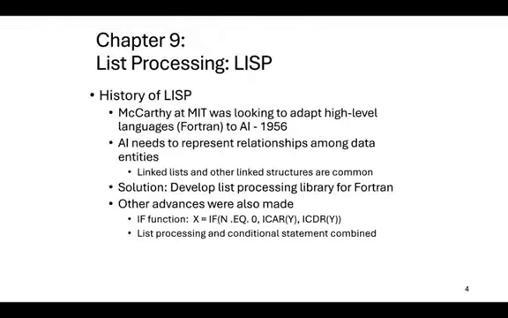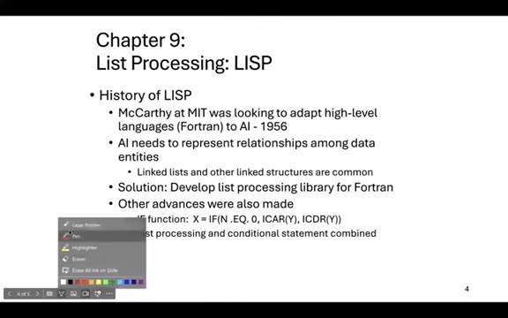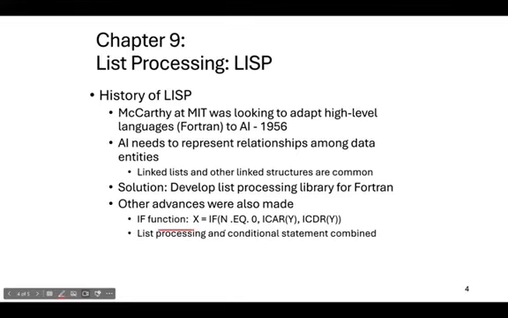So he decided that at the beginning, he wanted to develop a list processing library for Fortran. So he focused on Fortran and he just wanted to create a library for Fortran. He also created some functions, like for example, this if function that we have right here. So it's basically an if function instead of using an if statement. So he created an if function.